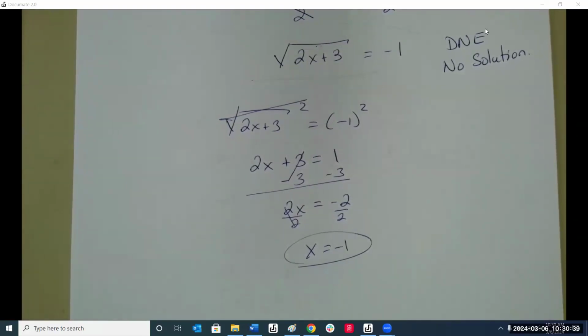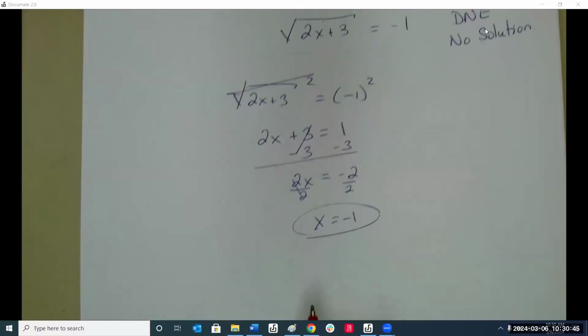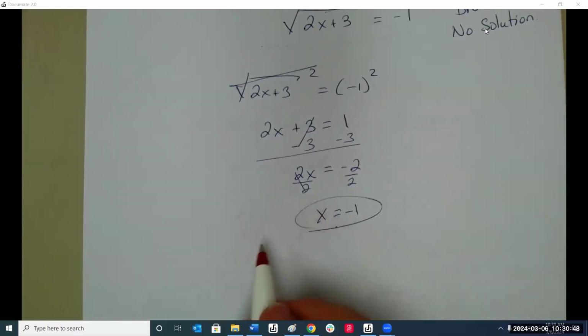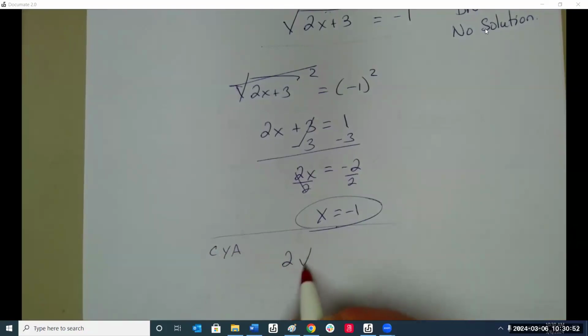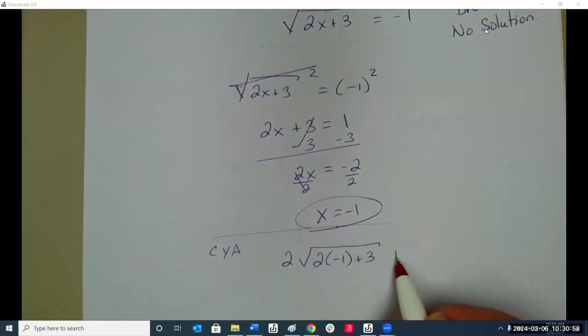How do you check if it's right? So plug this back into the original equation. This is the CYA. We have 2 times square root of 2 times -1 plus 3, plus 5.